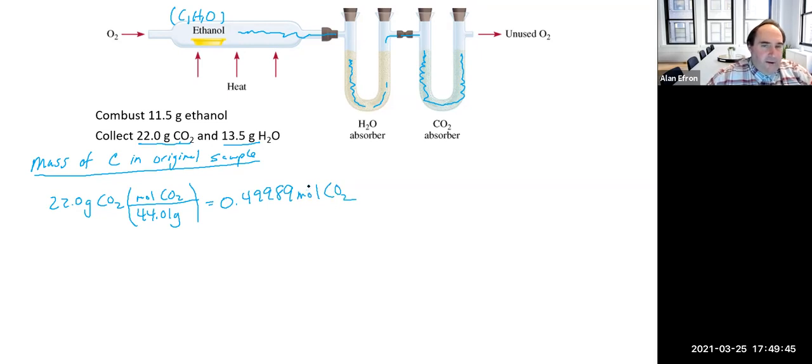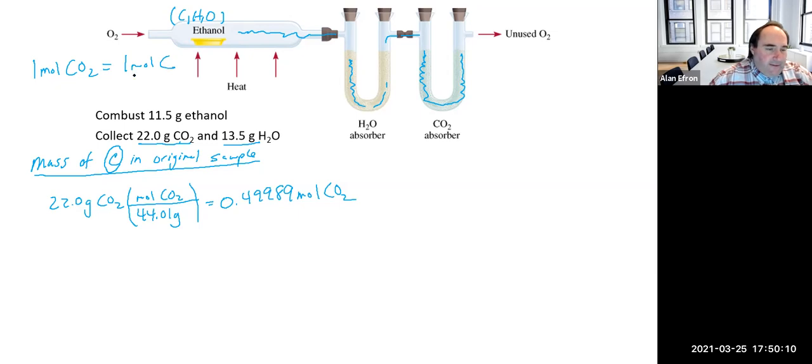Remember, though, that we are not interested in CO2. We're eventually interested in just carbon. The reason we needed to convert into moles is that now we can use the formula as a conversion factor, and we know that 1 mole of CO2 is equal to 1 mole of carbon.